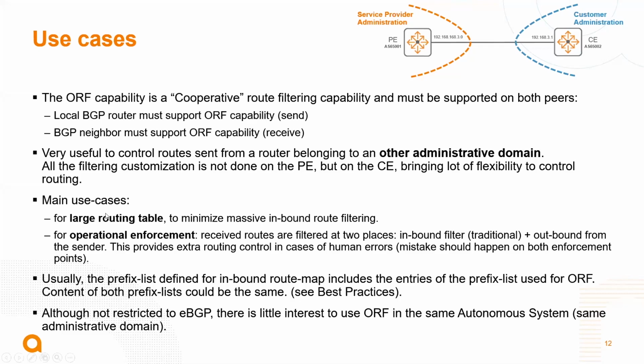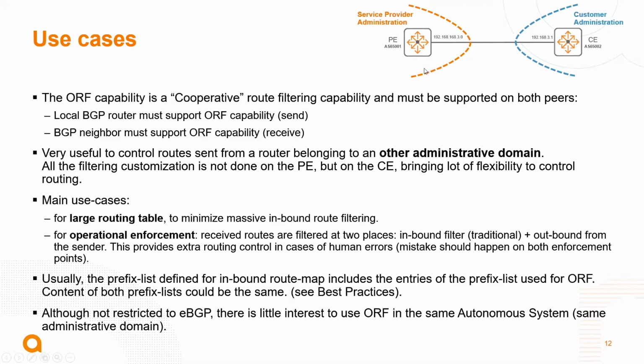Again, the main use case is a large routing table, to minimize the massive inbound route filtering that the CE would have to perform. And it is useful as well for operational enforcement. Let's say the received routes are filtered in two places: the traditional inbound route map filtering that you have on the CE, so you keep it, and the outbound ORF route filtering that you have from the sender, from the PE.